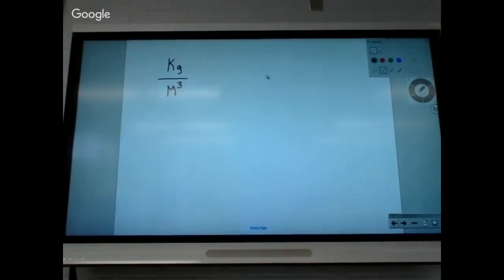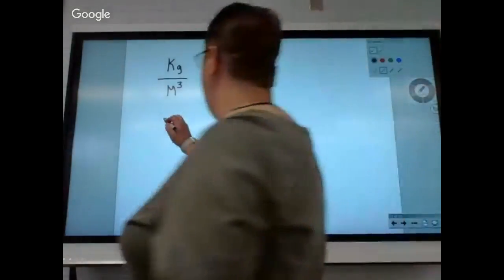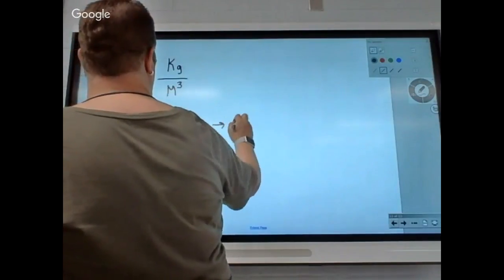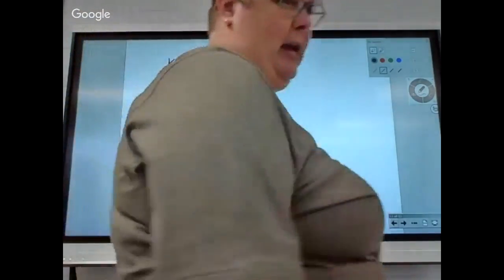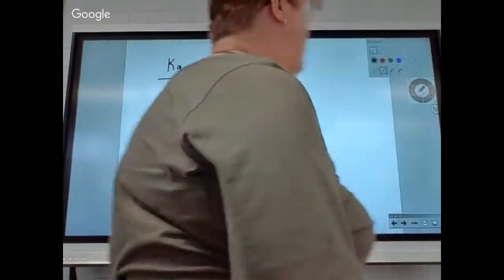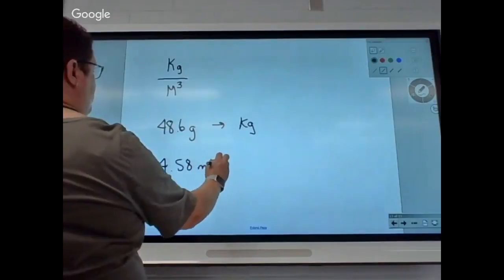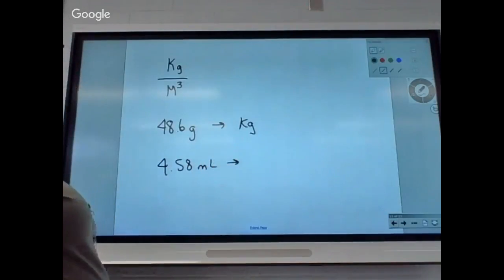So, in the question, did I give you the mass in kilograms? So what do you have to do? So you have to take the grams, which I gave you in 48.6 grams. You guys have to change those to kilograms. Then I gave you 4.58 milliliters, and you have to change those to what?